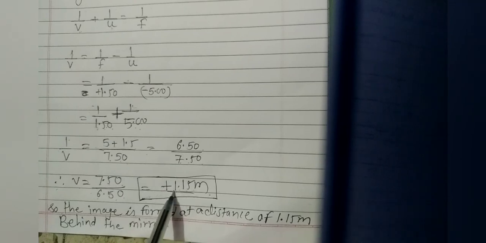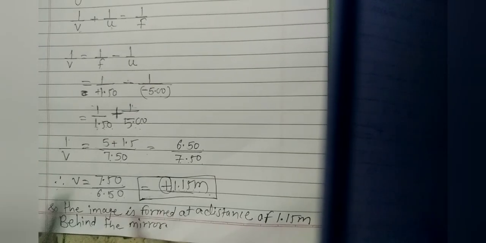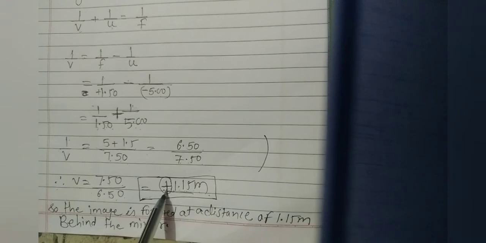So, the image distance is 1.15 meter. So, we obtained image at a distance of 1.15 meter. As the sign is positive, that means the image is formed behind the convex mirror. So that is towards the right side of pole.